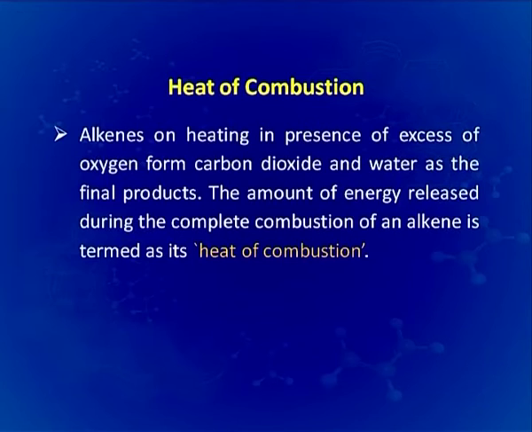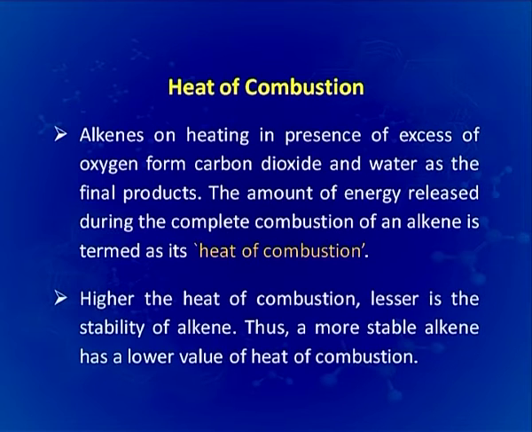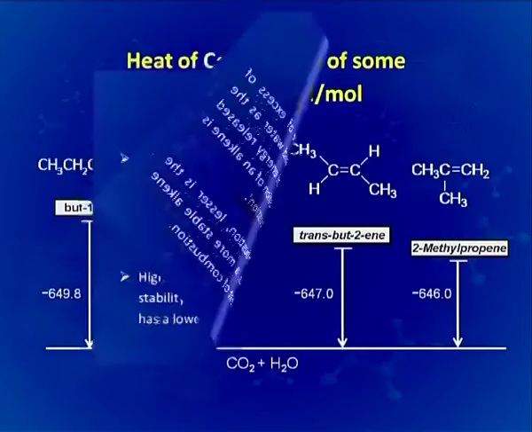Alkenes on heating in presence of excess of oxygen form carbon dioxide and water as the final products. The amount of energy released during the complete combustion of an alkene is termed its heat of combustion. Higher the heat of combustion, lesser is the stability of the alkene. Thus, a more stable alkene has a lower value of heat of combustion.